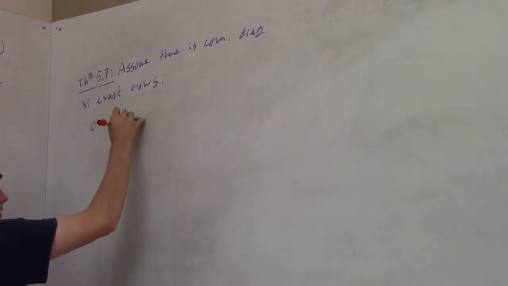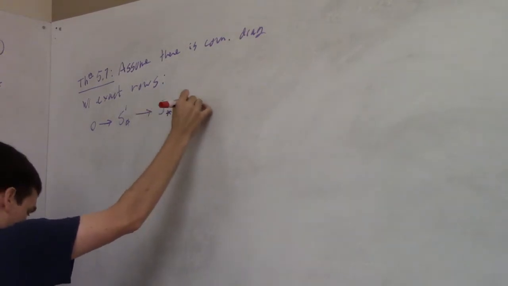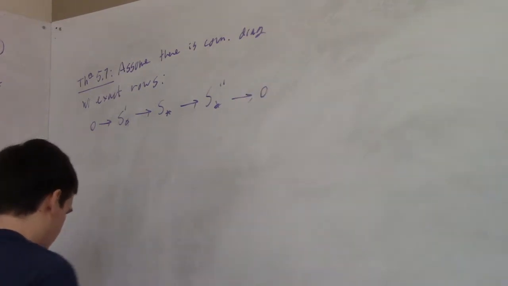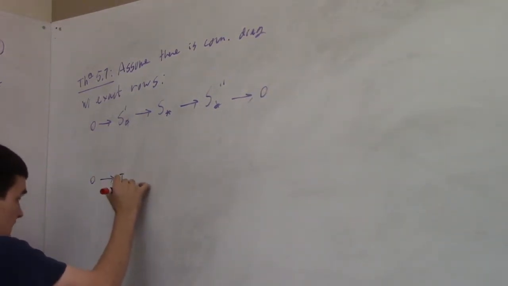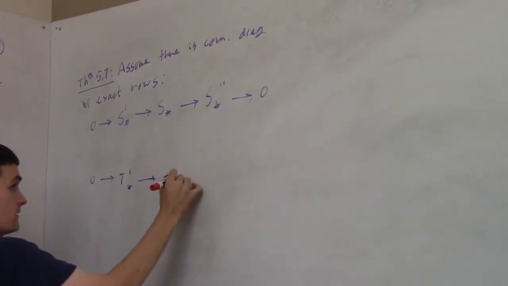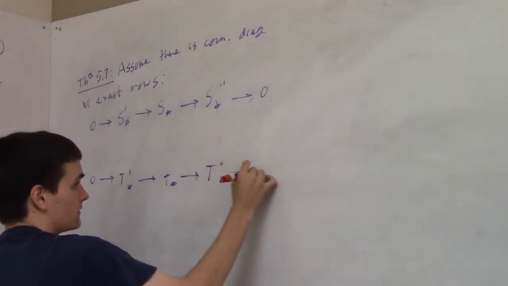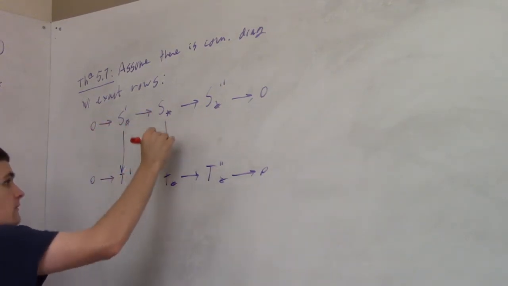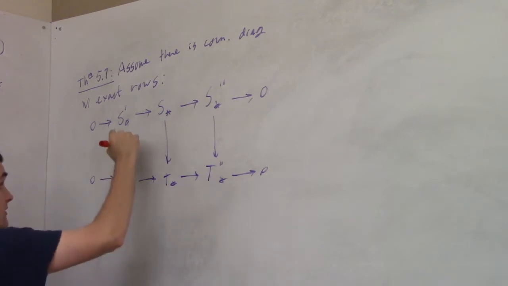Zero, S prime, S, S prime prime, 0, and on the bottom we have T prime, T, T prime prime, 0, with these morphisms in the middle here.